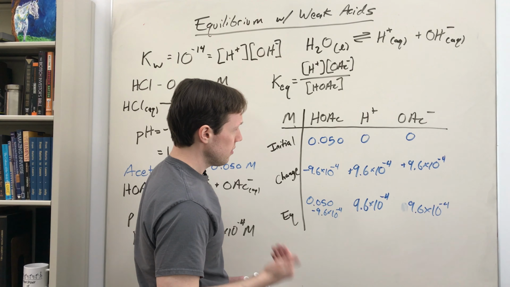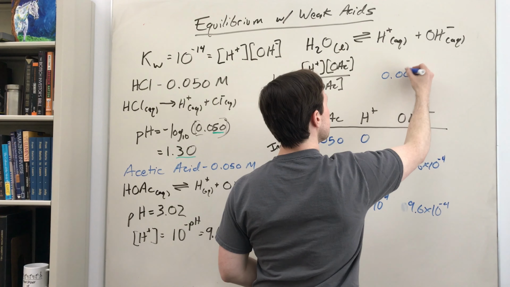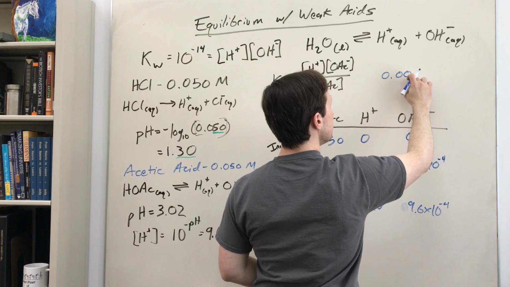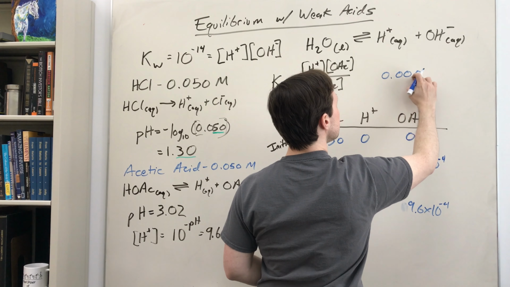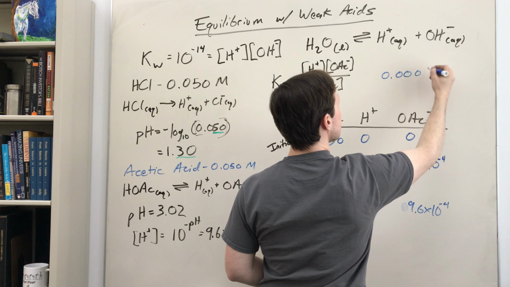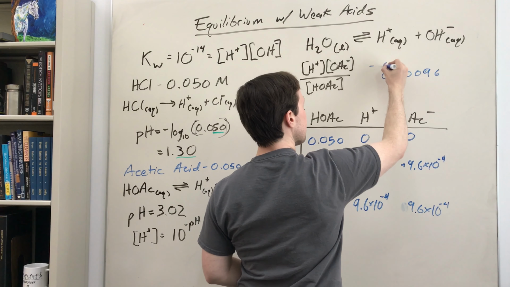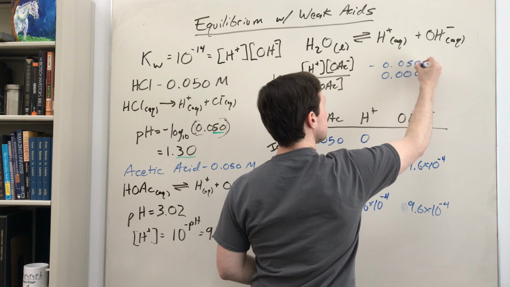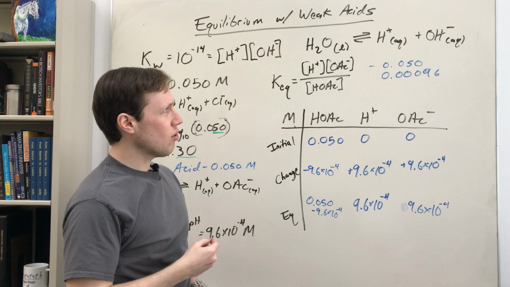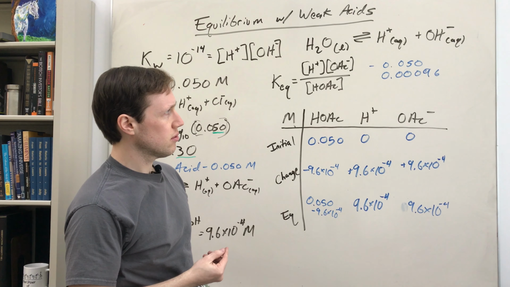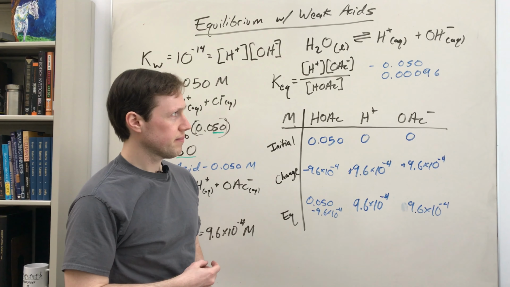So that would look like 0.0500 minus 0.00096. If we subtract that, one of the things you might recall is that we only keep the least significant figures in our number.